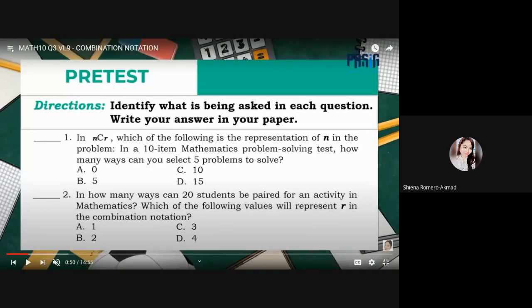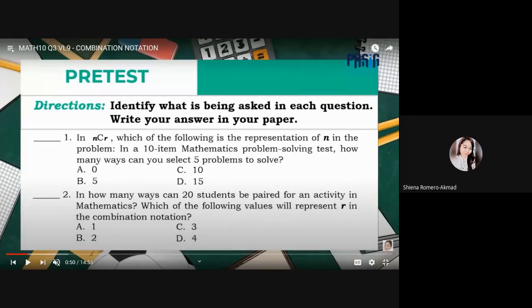So for number 1, in combination of n taken r at a time, which of the following is the representation of n in the problem: in a 10-item mathematics problem-solving test, how many ways can you select 5 problems to solve? Is it A, 0, B, 5, C, 10, D, 15?